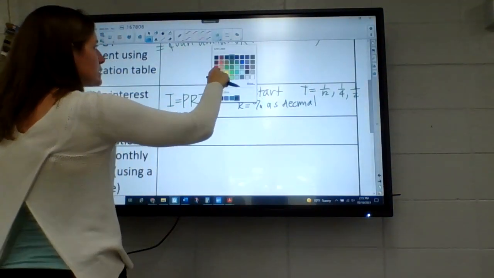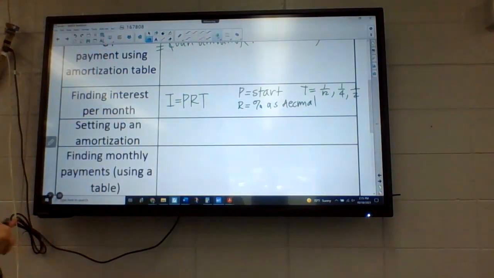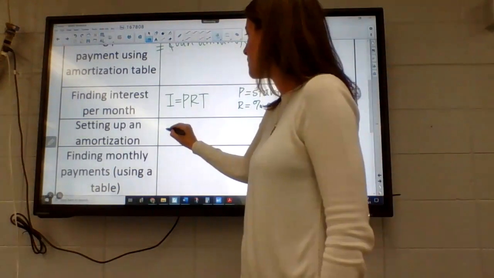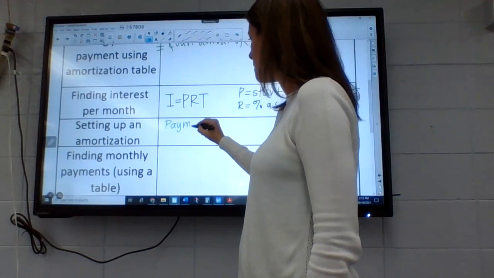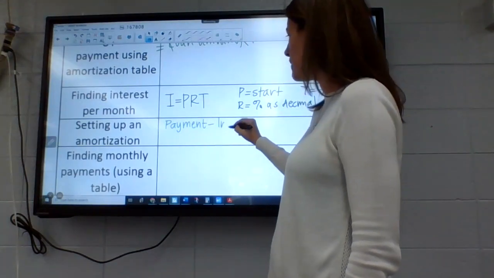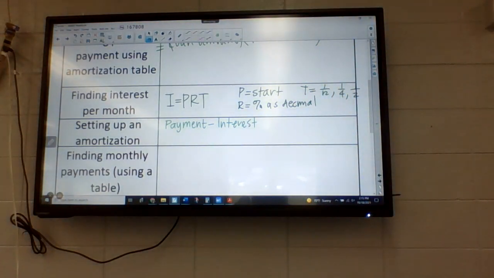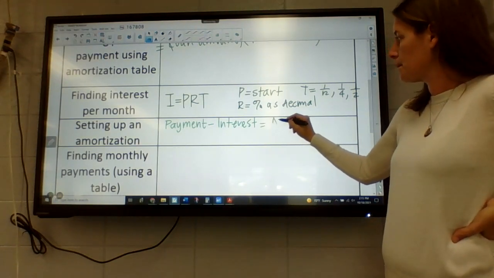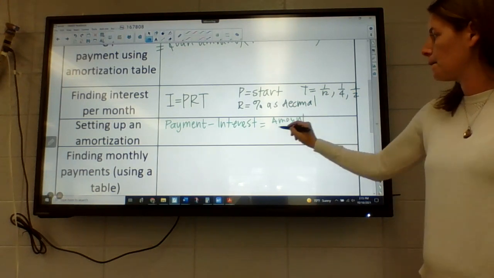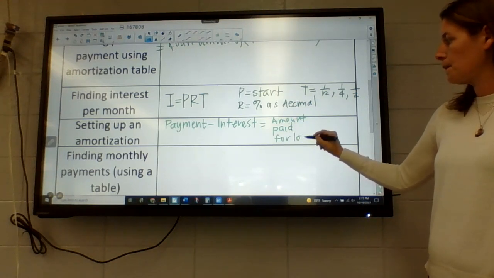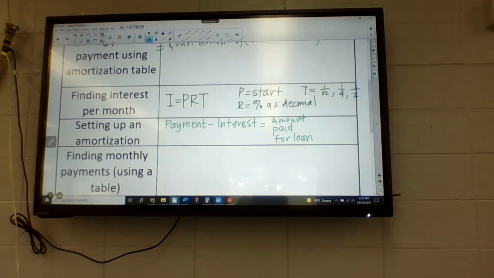So the way we set that up is basically we took our payment, we took away the interest we paid that month, and that gave us the amount we were actually taking off our loan. And so we took that off the total.